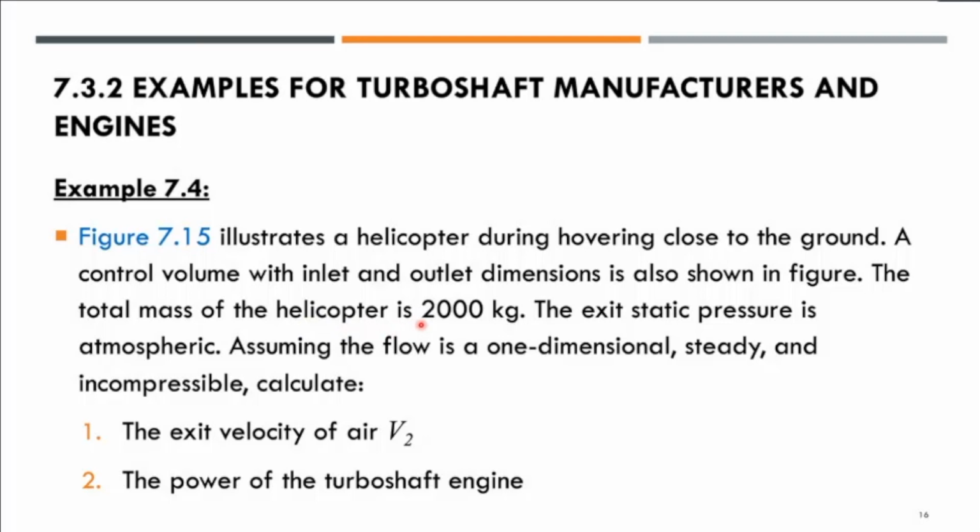The exit static pressure, P static, is atmospheric, assuming the flow is one-dimensional, steady and incompressible. We want to calculate the exit velocity of the air, V2, and the power of the turboshaft engine.